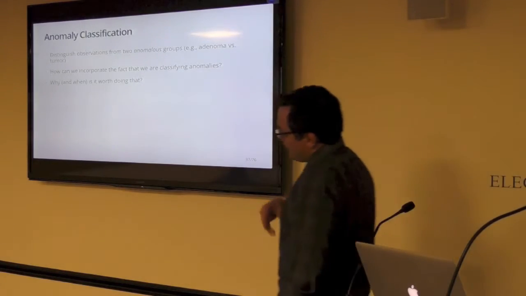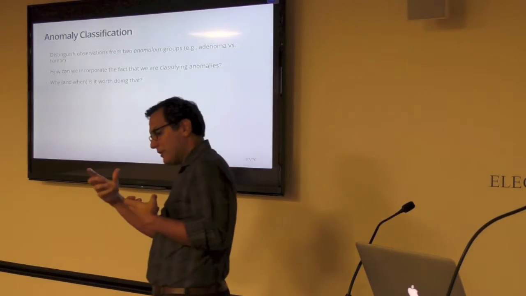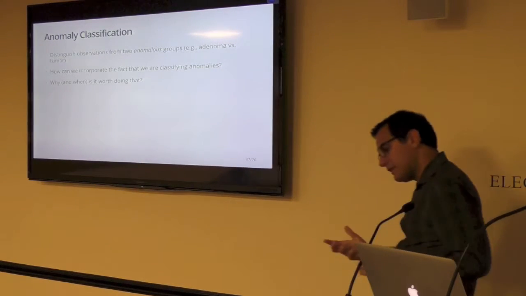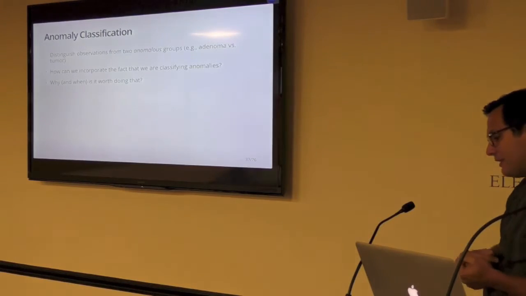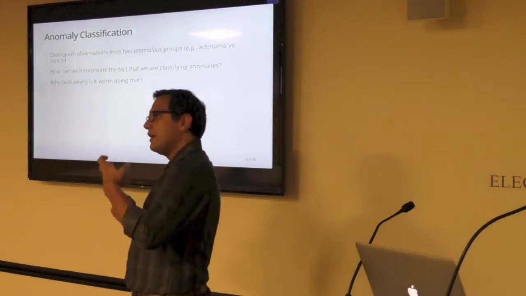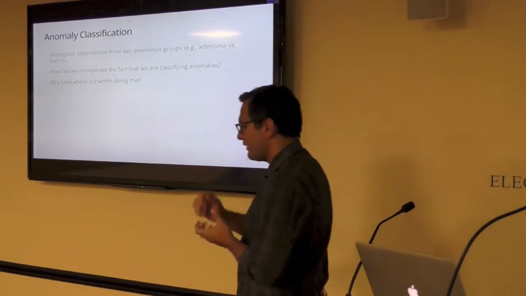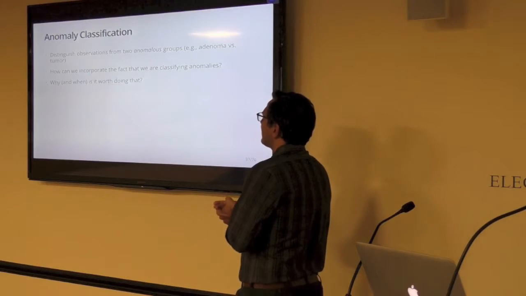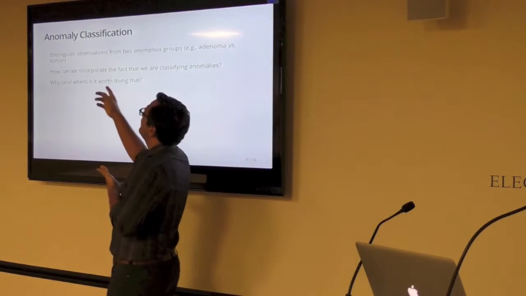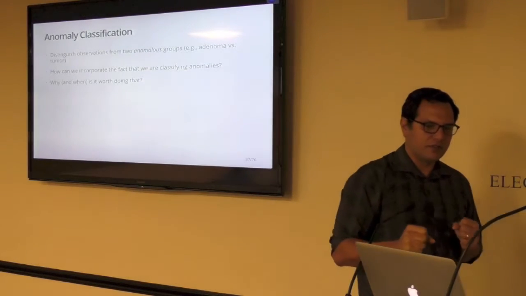So thinking of this problem as an anomaly detection problem, I said you can think of cancer versus normal as an anomaly detection problem, but that's a useless problem. What we really want is to determine differences between low risk and high risk patients, or benign versus cancerous samples. So what we really want to do is distinguish observations from two anomalous groups, say, for example, adenoma versus tumor.